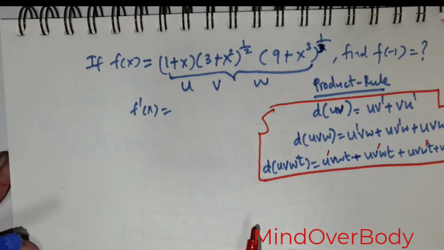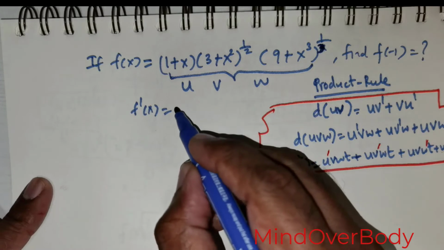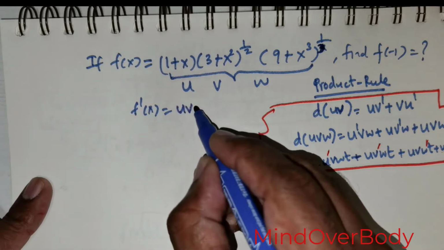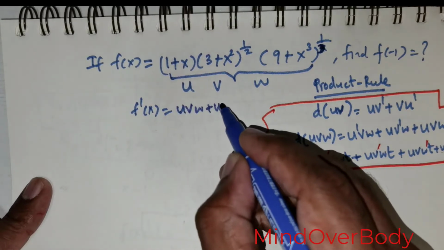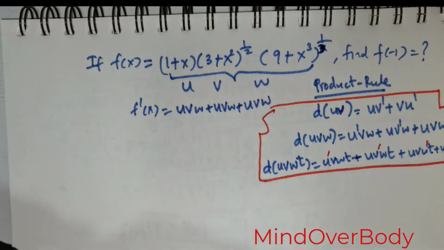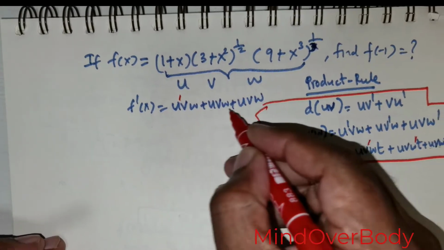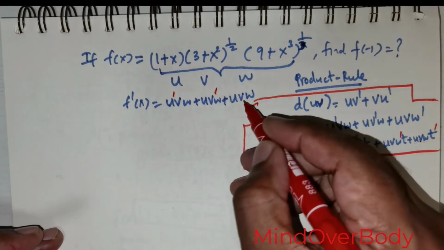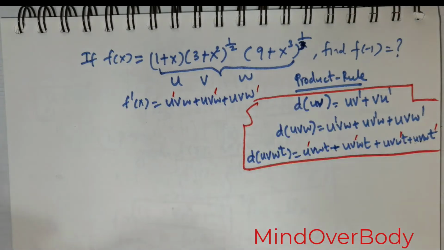Now in this case we are expected to find the differentiation of u v w. So what I'm going to do is I'm going to write them down as u v w plus u v w plus u v w. So it's going to be starting with u dash v w and u v dash w and then u v w dash, right?